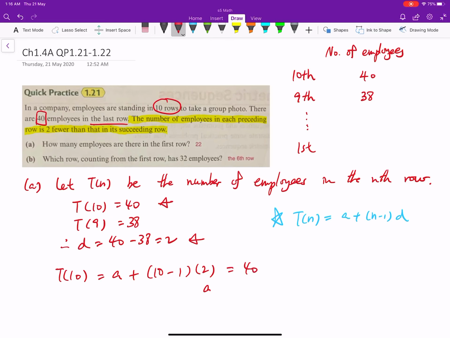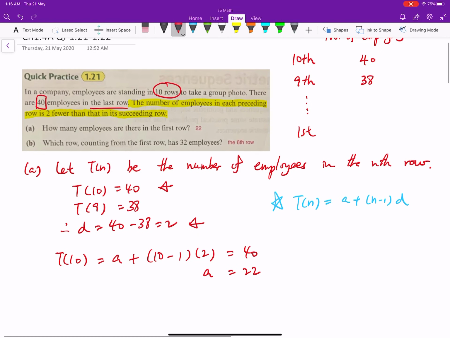Okay, so by this you can find a is 22. It means T1 is 22. That means you can get the answer of part a already. So there are 22 employees in the first row.